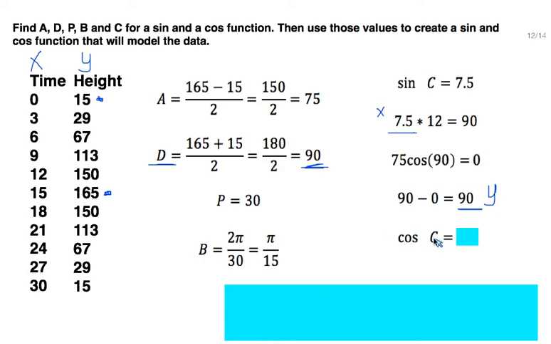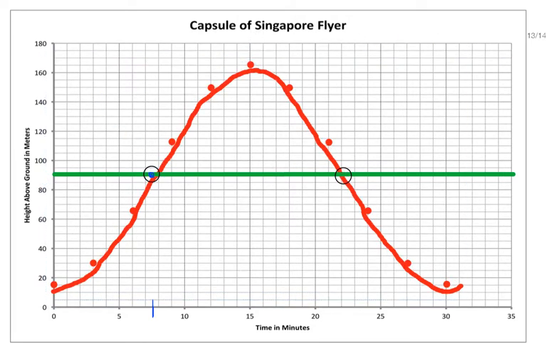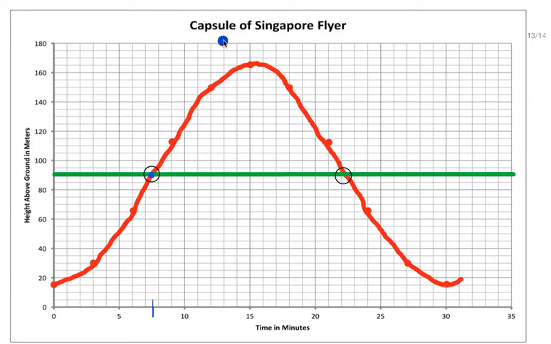Now, finding the c value for cosine is going to be much easier. We don't have to do any of that. We can just look at our table here or look at our graph, and my maximum point is right here at 165, or a height of 165 meters, and my time is 15 minutes, which makes a lot of sense because it takes me 15 minutes to go up and then 15 minutes to go back down.